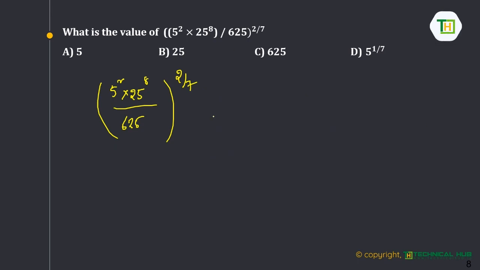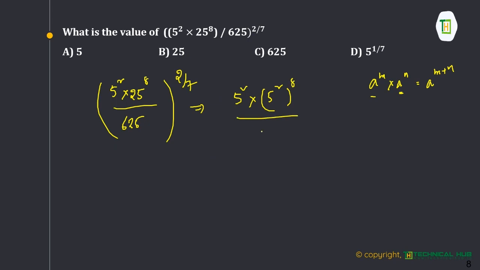We know that a power m into a power n is equal to a power m plus n. When the bases are the same, you can add the powers. So like that you have to convert the numerator into this form. 5 square into 25, which can also be written as 5 square, whole to the power of 8, divided by 625 whole to the power of 2 by 7.